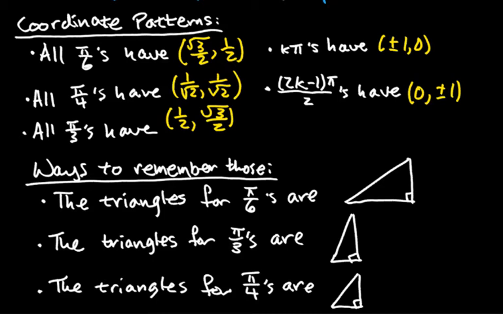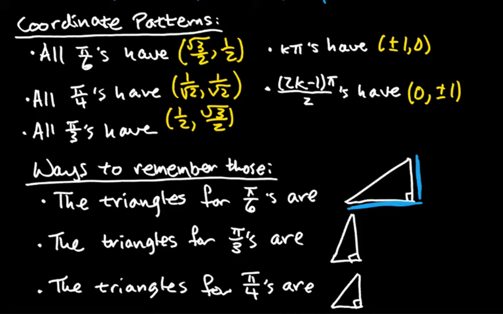They're all going to be 30, 60, 90s, where the base here is a lot bigger than the height. And square root of 3 over 2 is bigger than 1/2, because square root of 3 is about 1.7, right? We talked about that in class. If we divide that in 2, that's definitely bigger than 1 over 2.